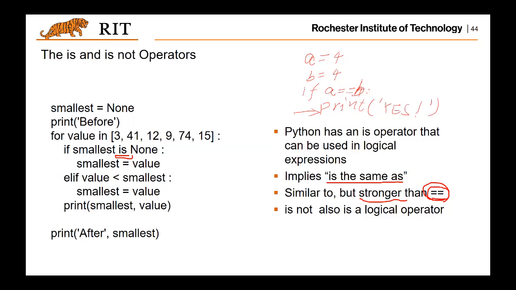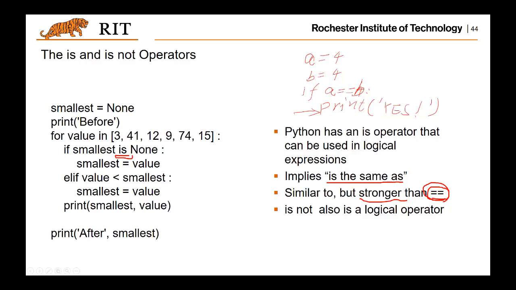No. Why? Because it's saying if A, it's not if A is equal to B, it's if A is the double equal. Actually, this double equal means to compare the values of A and B. Remember, the single equal sign means assignment of value.